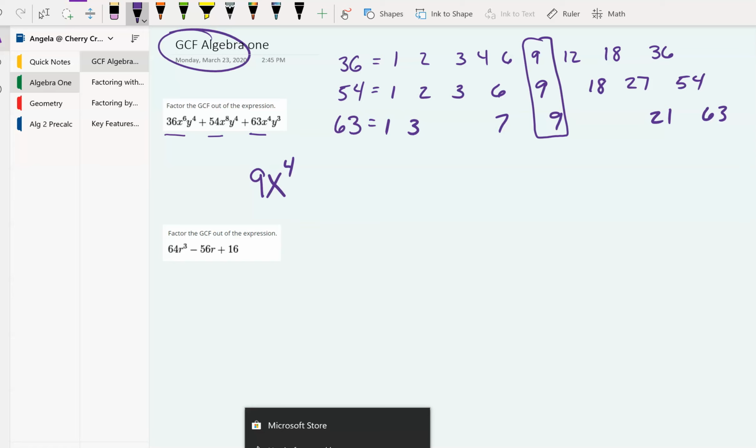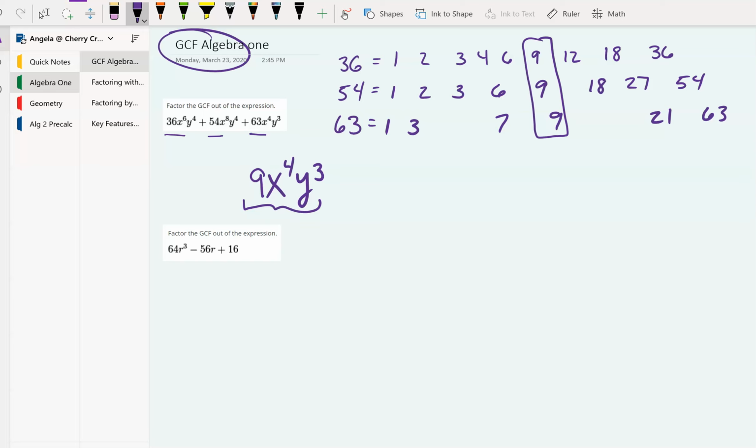And then the most we can divide out of y to the 4th, y to the 4th, and y to the 3rd would be a y cubed. So as you divide this particular term out of each of these 3 terms, we are going to put what is left in parentheses, separated by our addition signs.